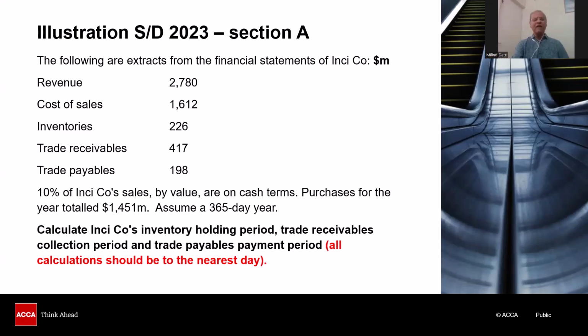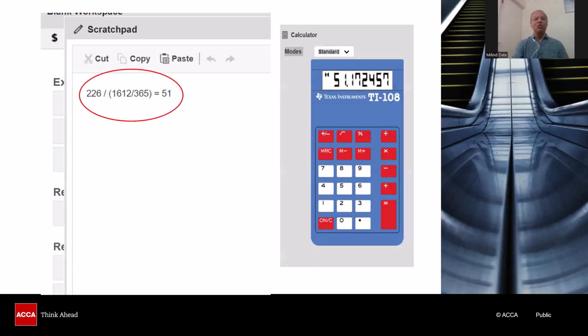So in the scratch pad, my advice to you is don't type too many details. Once you zero in on certain numbers that are relevant to calculate the inventory holding period, you simply type in those numbers. For example, I have taken inventory 226 and divided by 1612 by 365.